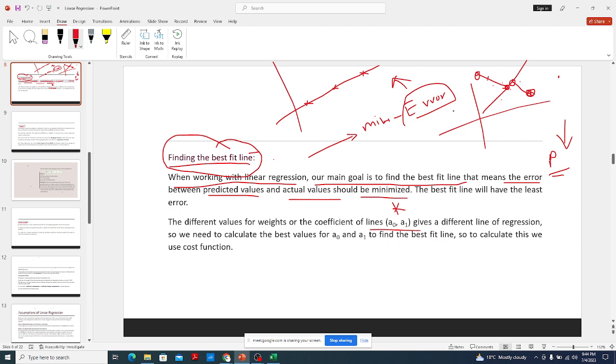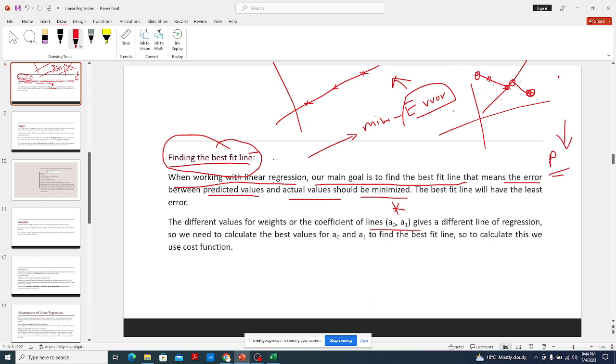But if the difference or the error term is high, we can't say that we have a line of best fit, otherwise we'll have to do some adjustments on that.